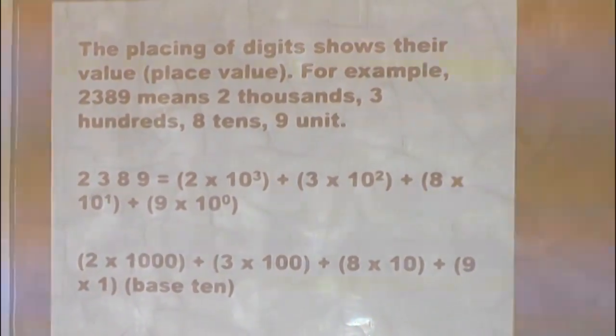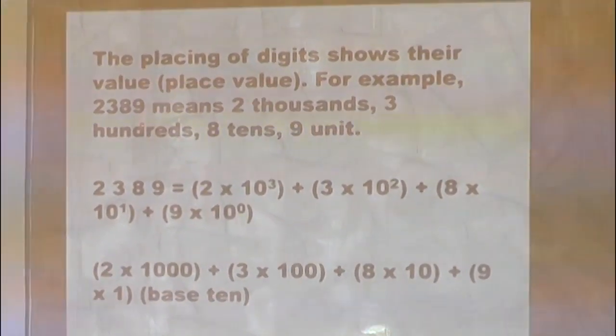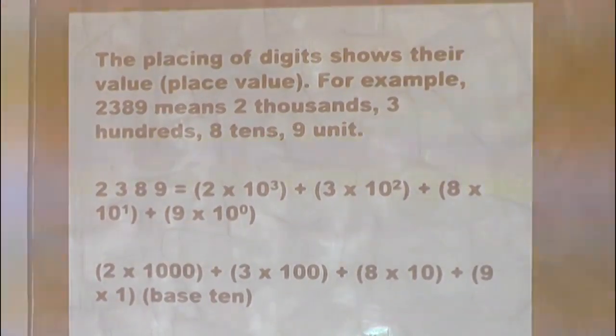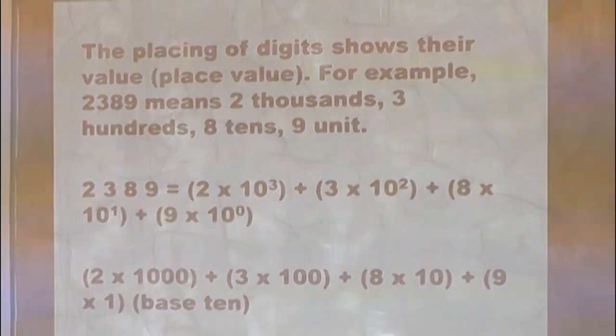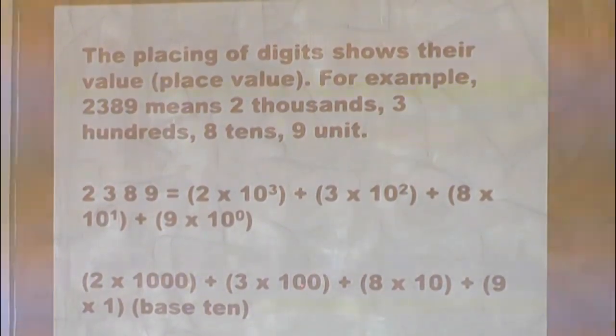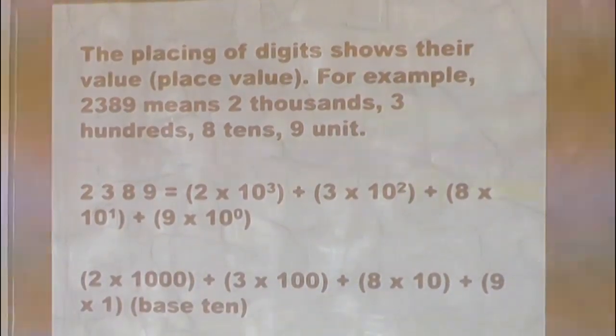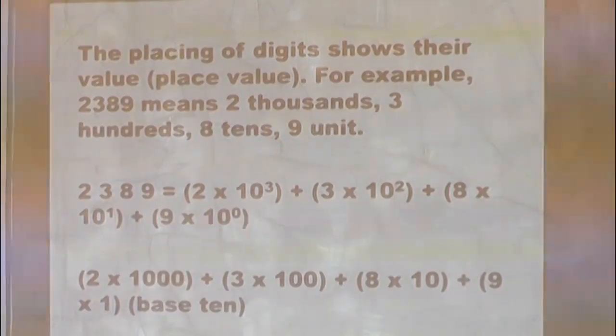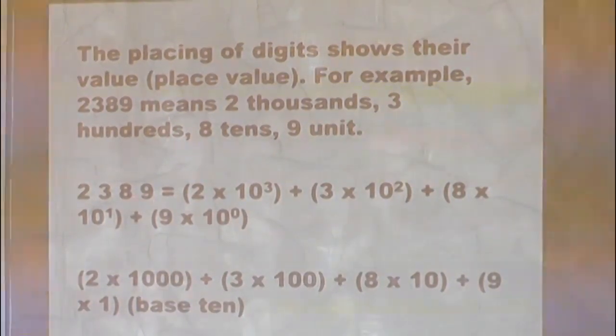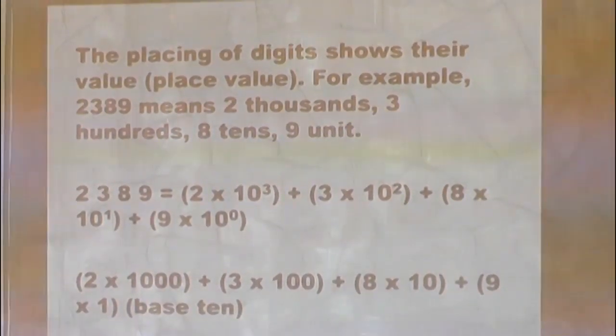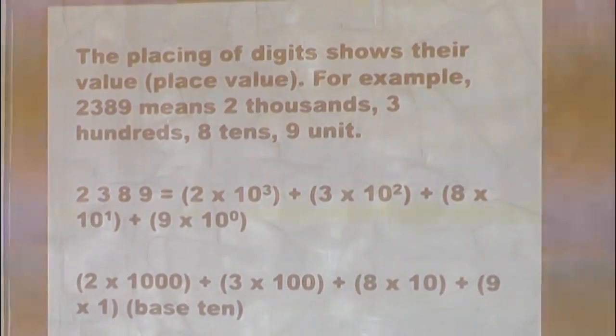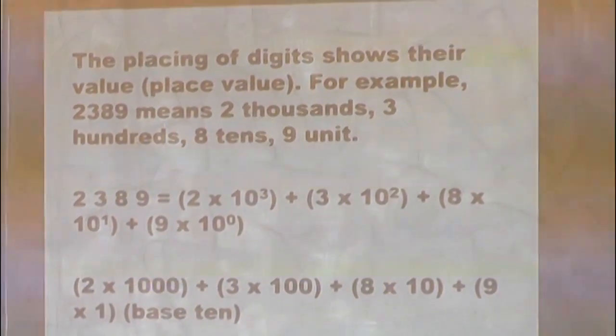So this 10 raised to the power of 0 is equal to 1. From here, this has proved that this interpretation is totally right, as this becomes 2,000, 300, 80, and 9 units. Remember, I said the last digit of every group of numbers, irrespective of the base, is always the unit.